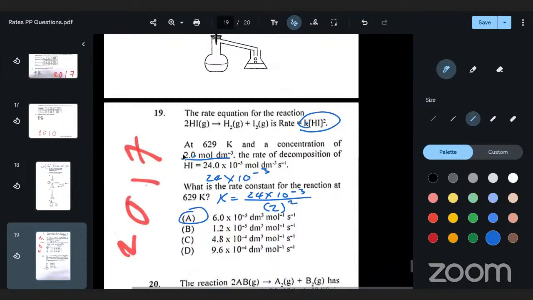And this 2 here is the order, because remember, it's HI squared from up here. So it's second order. It's just coincidence that the order and the concentration are the same number.